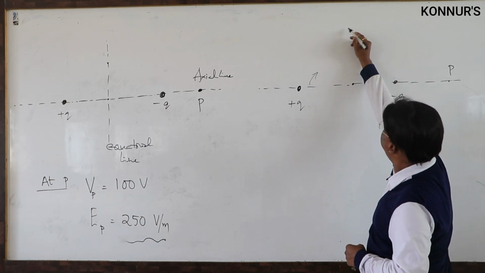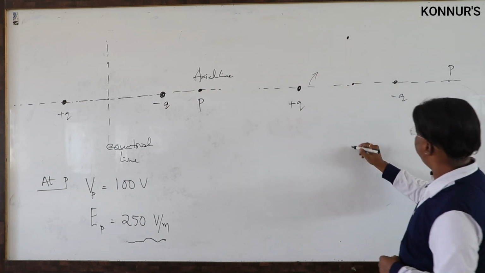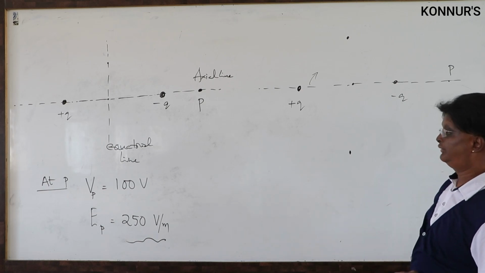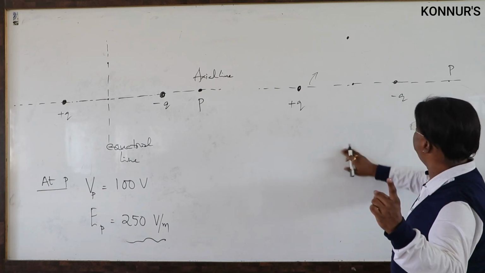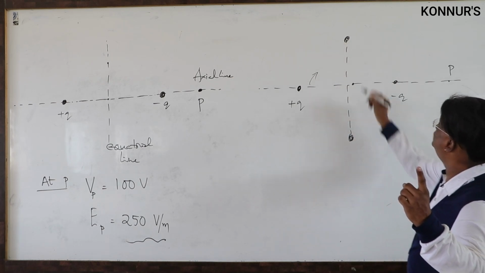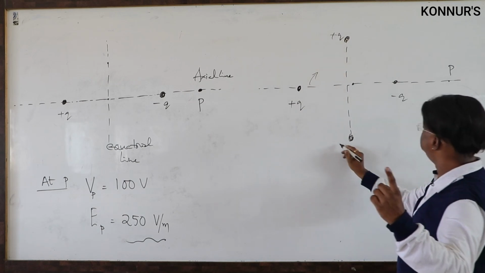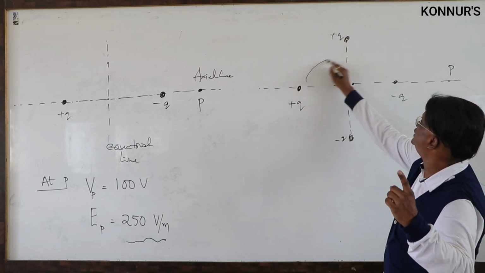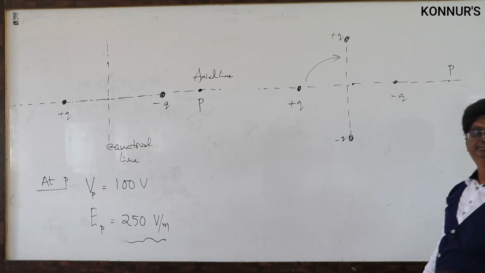Then what happens? Now this is the new position of the dipole, because I turned it by 90 degrees, do you remember? Therefore this is the new position of the dipole, plus Q, minus Q, turned by 90 degrees.